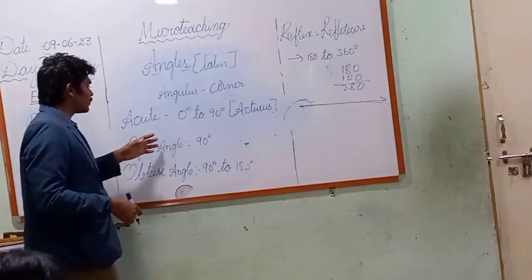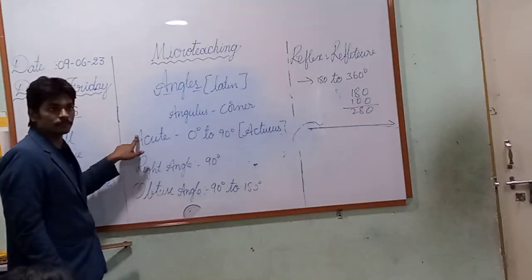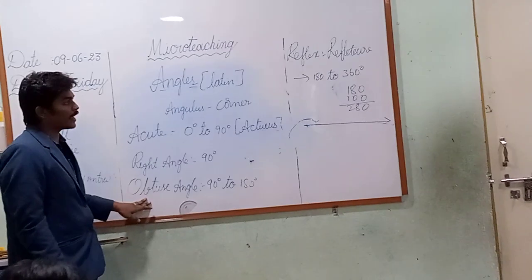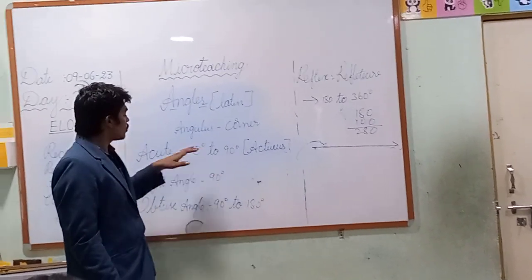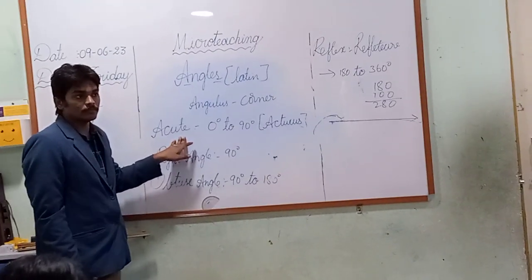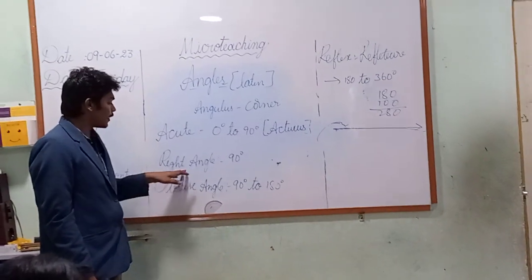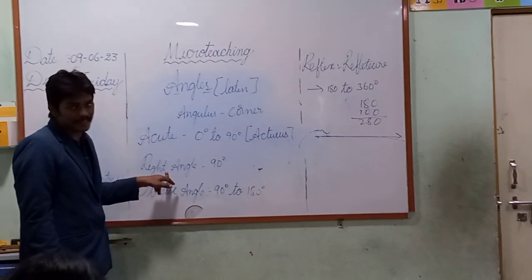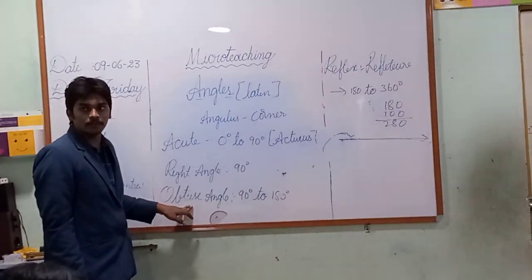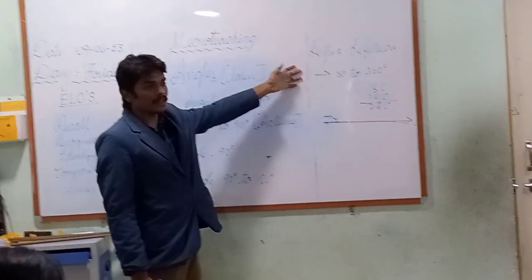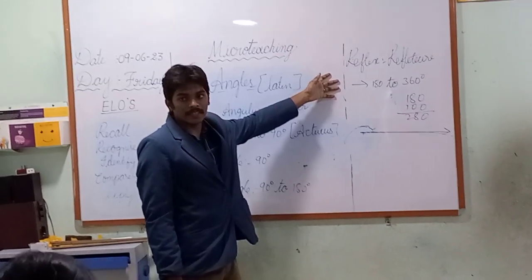What angles have we learned up to now? Acute angle, right angle, obtuse angle, reflex angle, and the angle of 360. An acute angle lies between 0 to 90. A right angle is exactly 90 degrees. An obtuse angle is between 90 and 180. A reflex angle is 180 to 360.